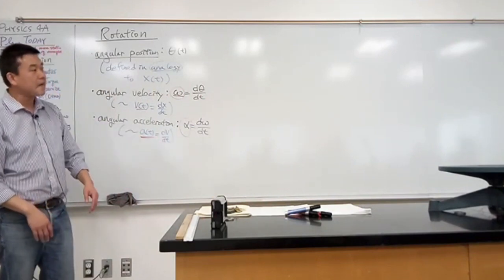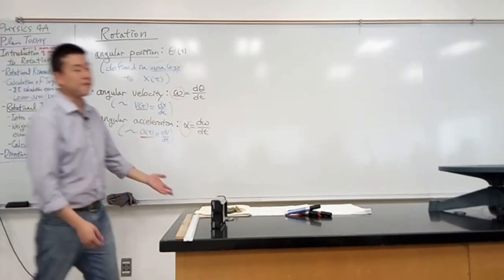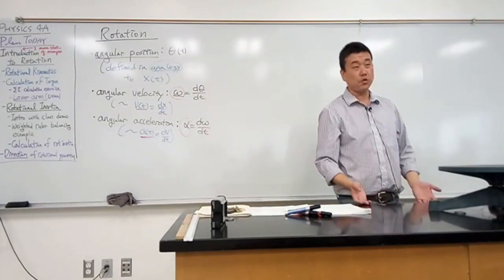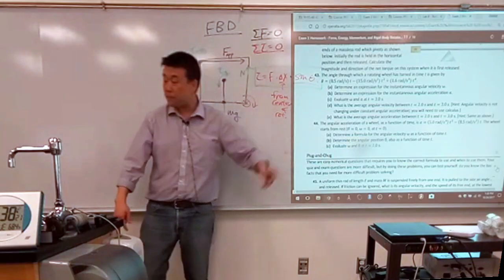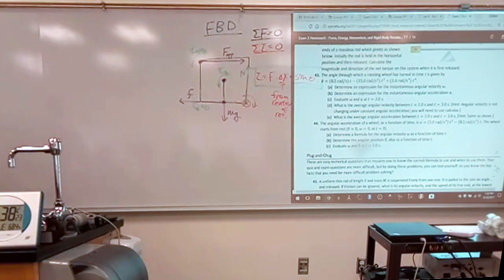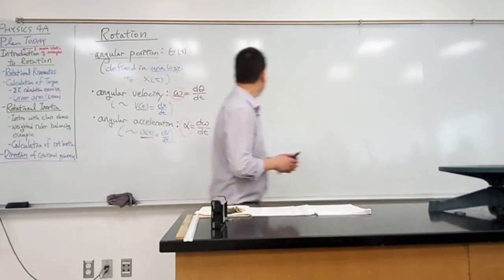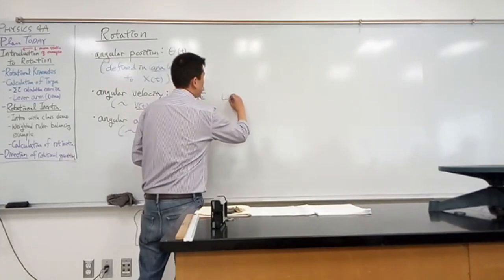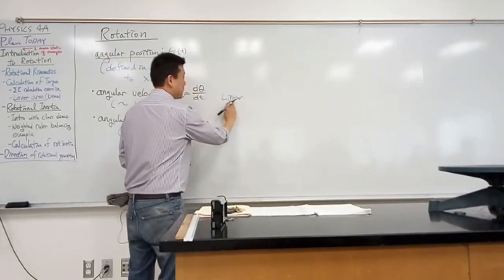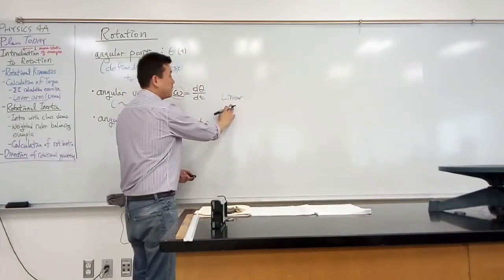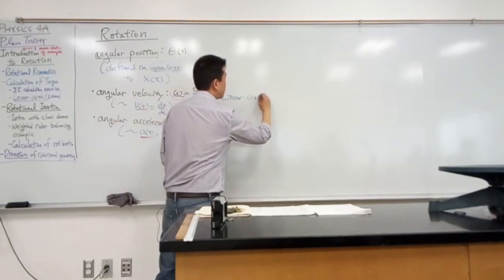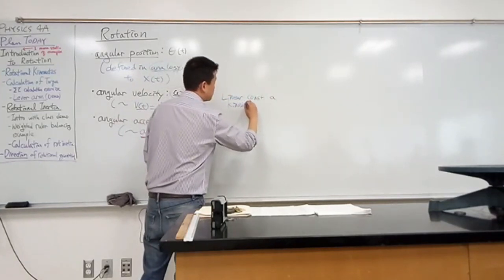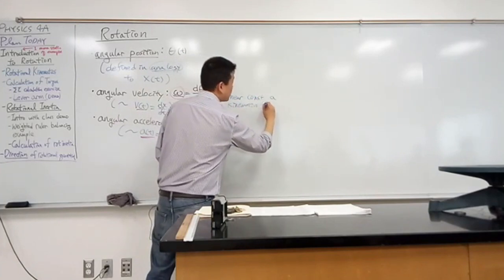So I will tell you one thing that may be a relief or maybe not. We're kind of going to skip rotational kinematics. But let me point out this much. You guys had kinematics formulas, right? You had linear, constant acceleration kinematics formulas. Everyone here knows what I'm talking about?